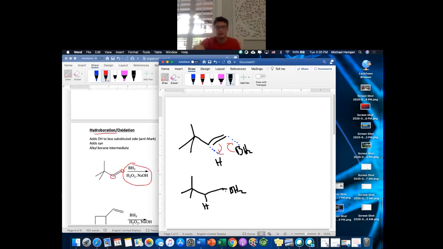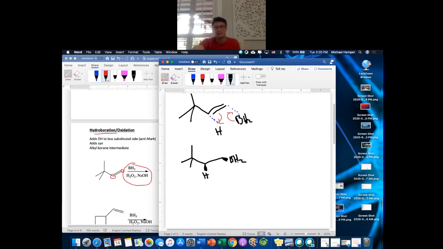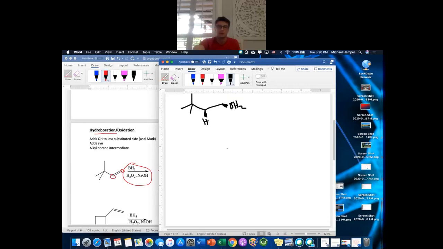And again, they're added in the same direction because this is adding syn, or if you want to call it cis formation. Because this has these other hydrogens, it can do this two more times. And so your big alkyl borane intermediate will look something like this, and that two more times.